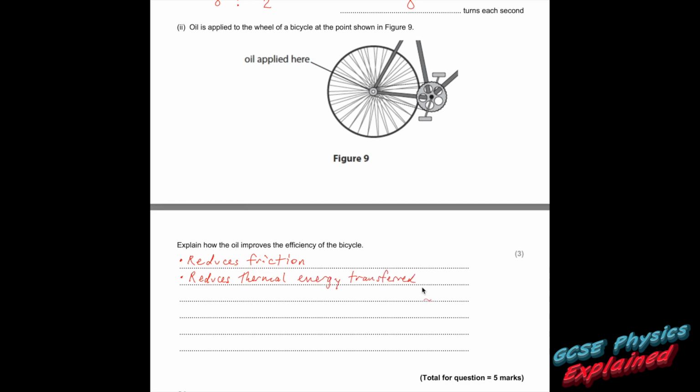Now that basically means that more of the energy that you use to pedal, instead of getting turned into heat energy, it's going to actually stay as kinetic energy, which is what you want. And the last way that I answer these type of questions is by using the equation for efficiency. Efficiency equals useful energy out divided by the total energy in.